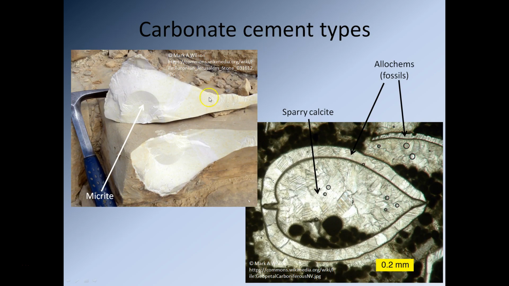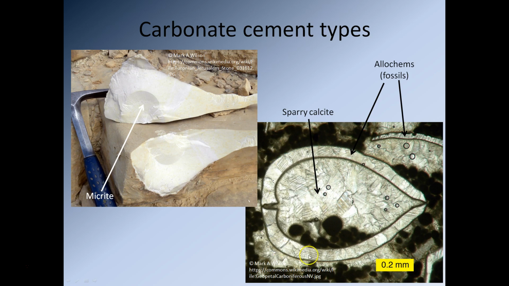So we're just going to jump to the next slide. So you can see here, this is an example of micrite. You can see that all of this is very, very fine-grained carbonate. All the clasts are exactly the same size, and they're all very, very small. In contrast, when we look at this picture here, now I've got to be honest, I looked and looked and looked, but I could not find a nice sparry calcite cement photograph anywhere.